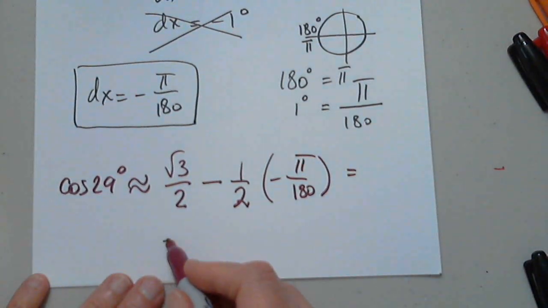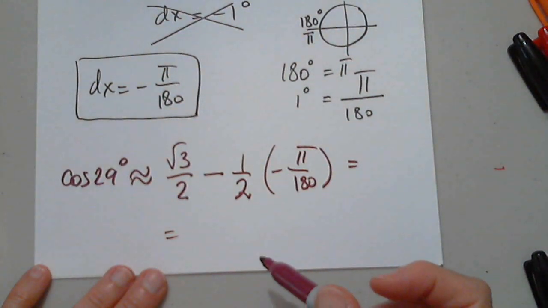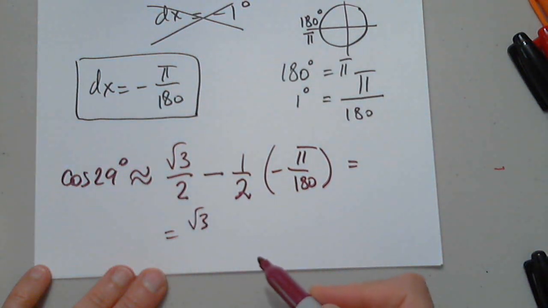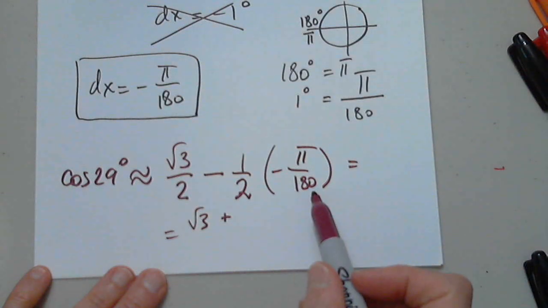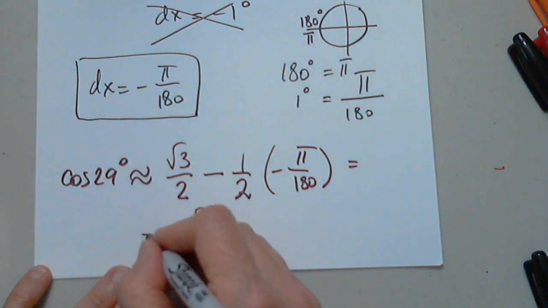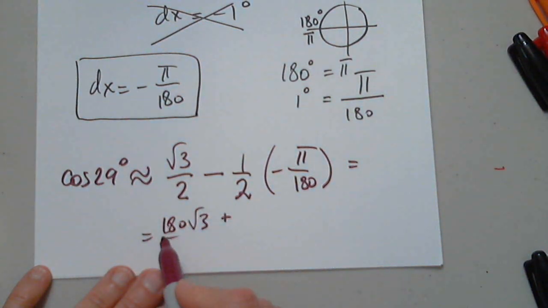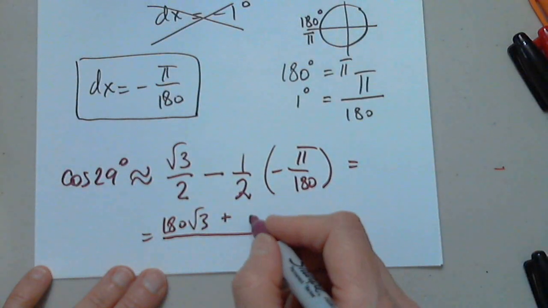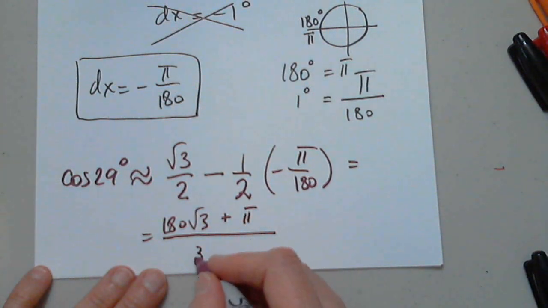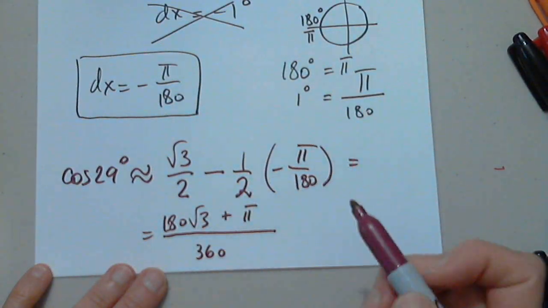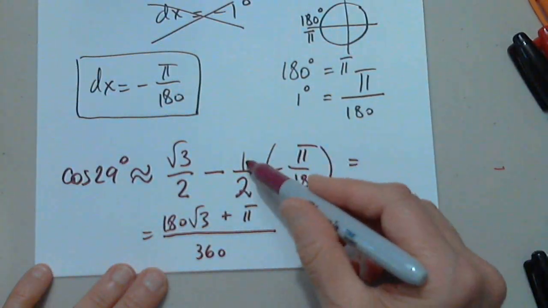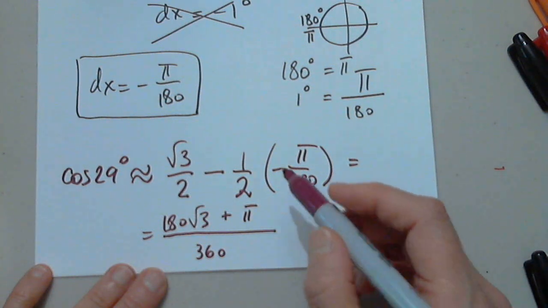So then the answer is the square root of 3 plus, so this was, I need a 180 here. 180 the square root of 3 plus pi over 360. So I have to multiply these two and I get pi over 180 over 360.